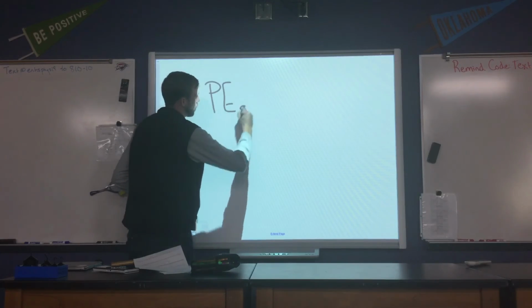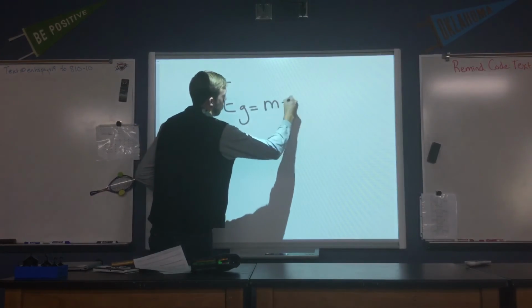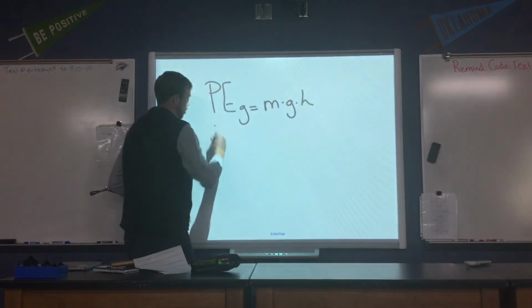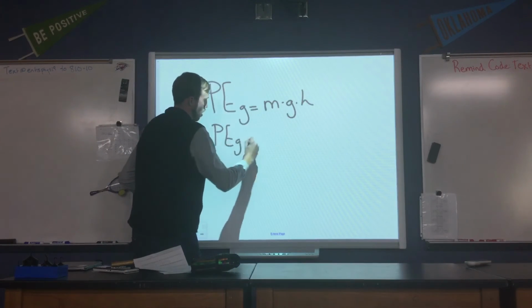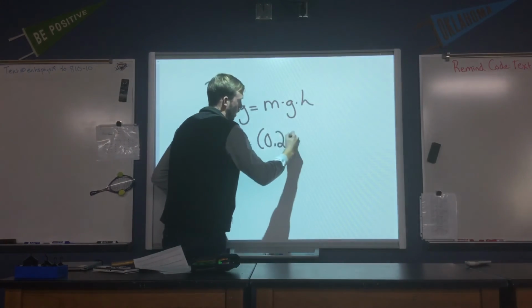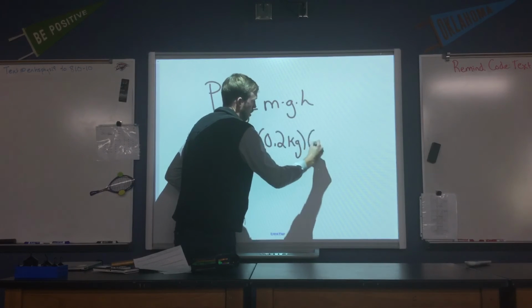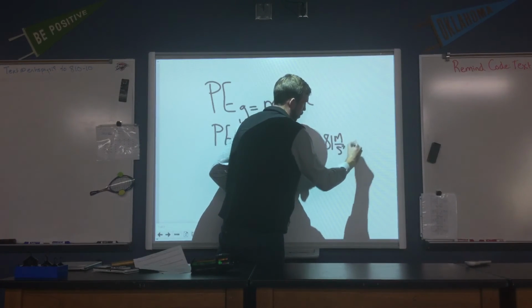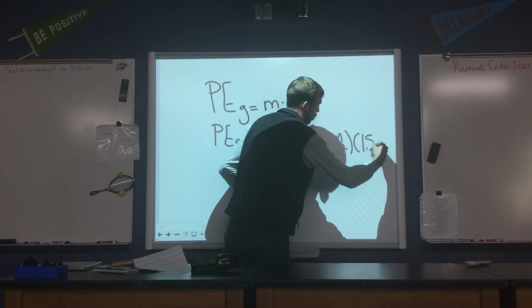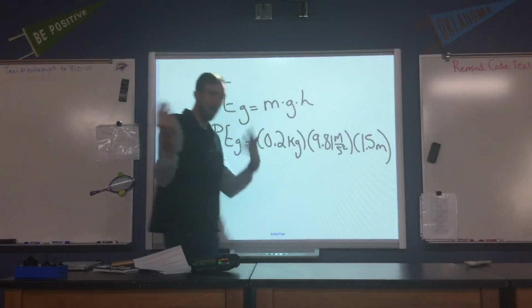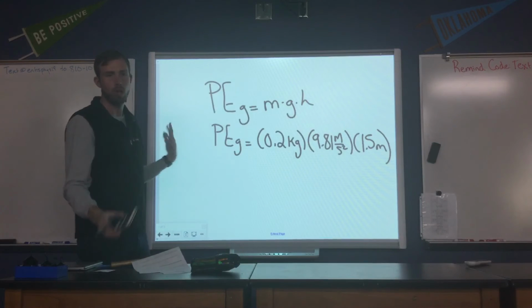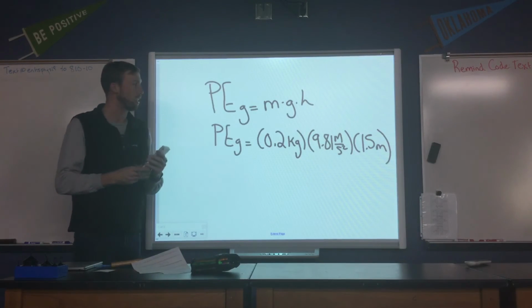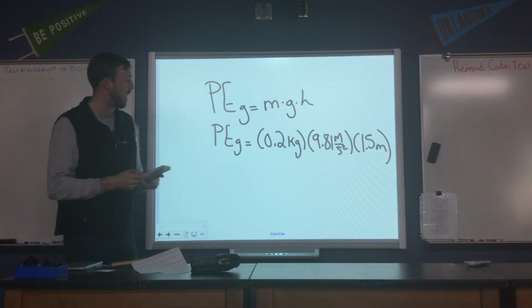So our gravitational potential energy, if we are 1.5 meters off the ground, our mass here is 0.2 kilograms. Gravitational acceleration, 9.81 meters per second squared for the Earth. And our height is 1.5 meters. 1.5 here is just an arbitrary number. We can technically solve for these things at any point, as long as we know the mass of our object and the height.